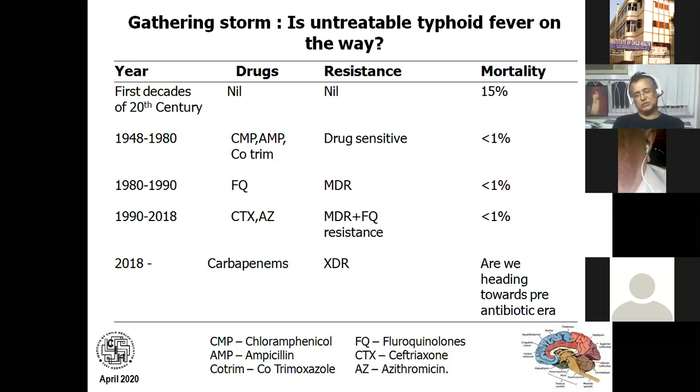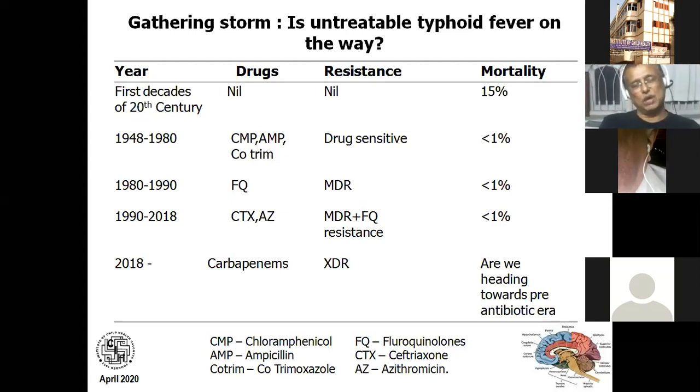And for this, we have two important drugs. One is ceftriaxone, to be used in those typhoid patients who are hospitalized, or azithromycin, to be used in those patients who are being treated from the outdoor.